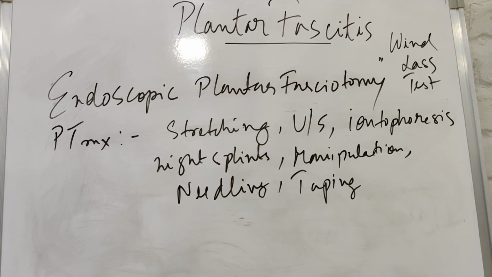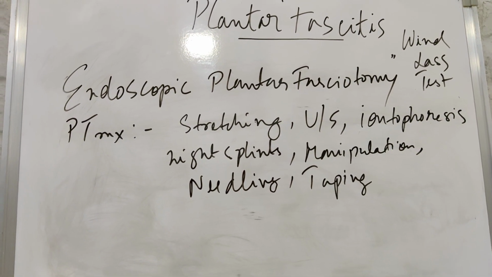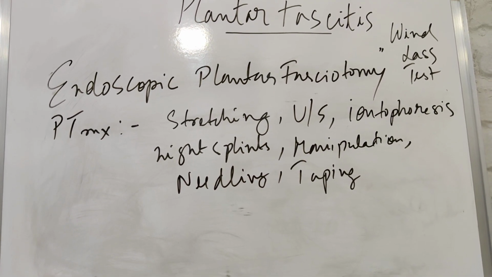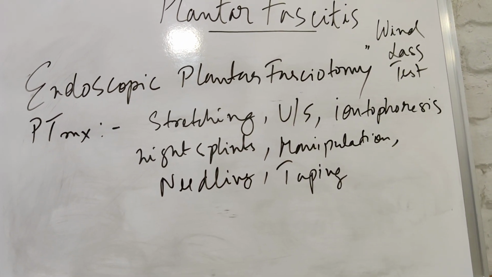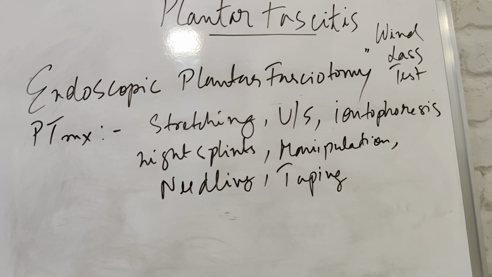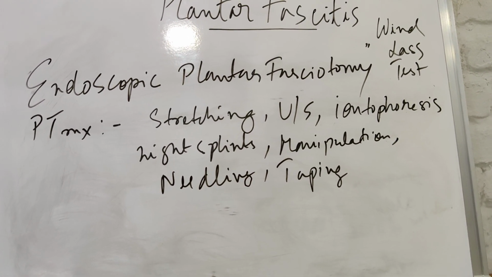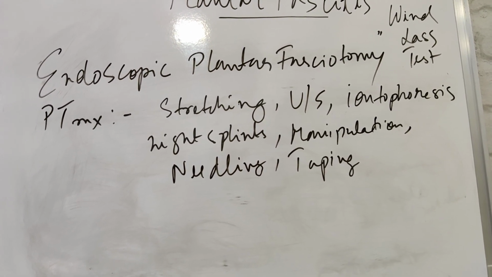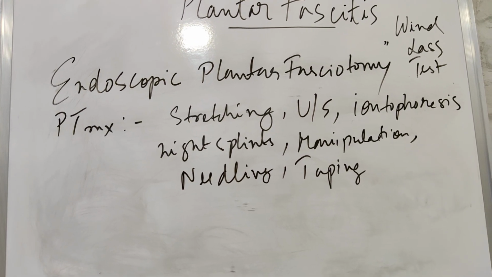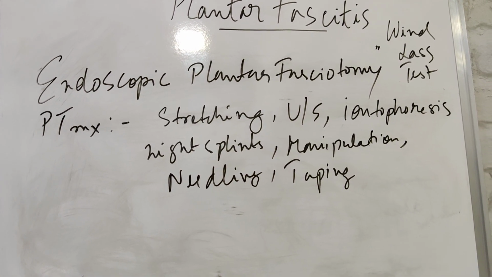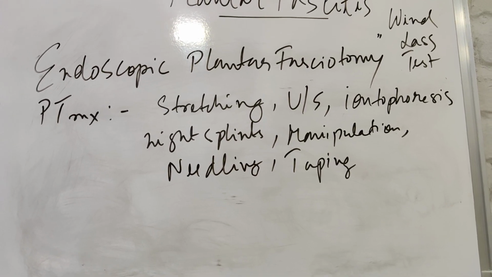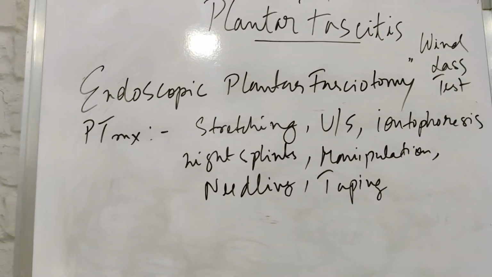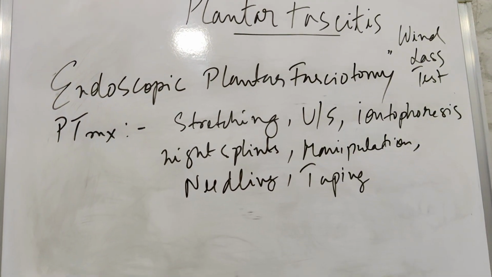Then sometimes we go for posterior night splints to maintain the ankle dorsiflexion and toe extension, allowing a constant stretch on the plantar fascia, and some evidence reports night splints to be beneficial, but there is limited evidence to support the use of night splints to treat patients with pain lasting longer than 6 months. Then you have iontophoresis, foot orthosis, also taping, which is a very good method for plantar fasciitis.